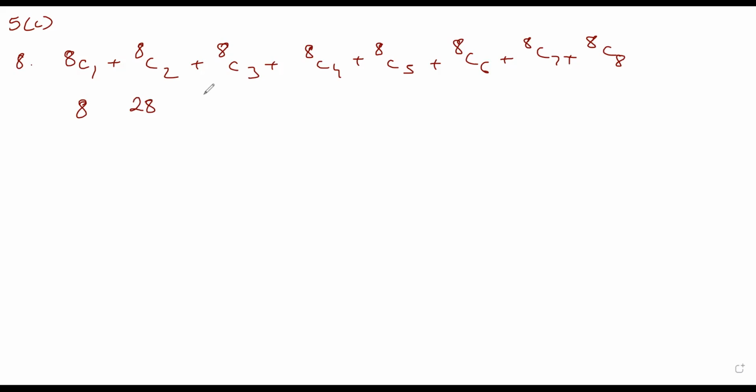So that is 56. 8C4 is 70. 8C5 is 56. 8C6 is 28. 8C7 is 8. And 8C8 is 1.